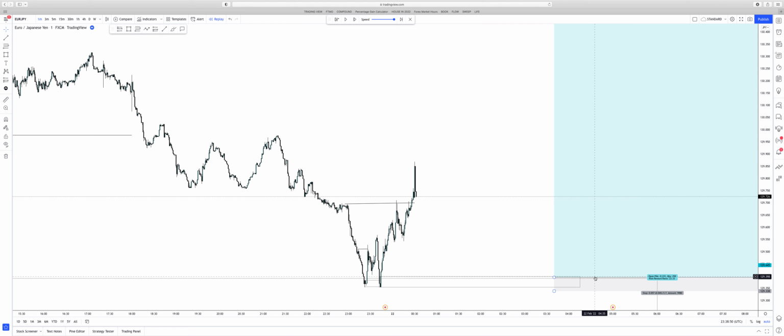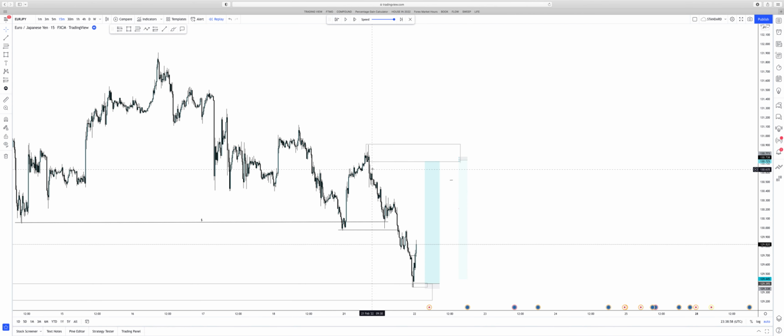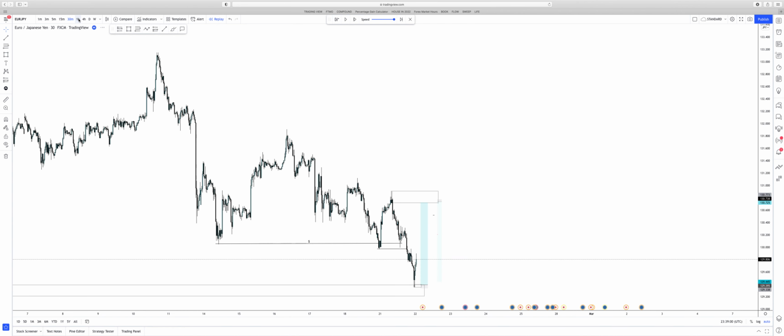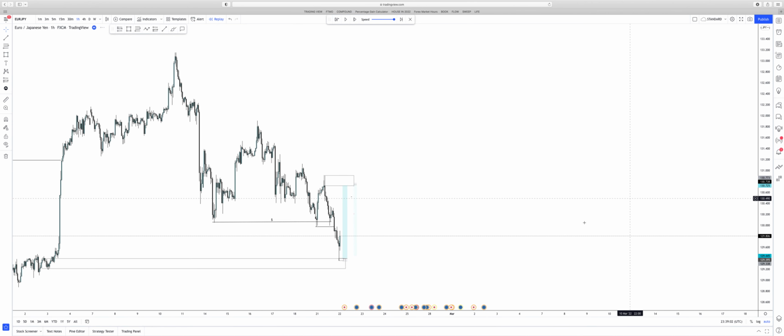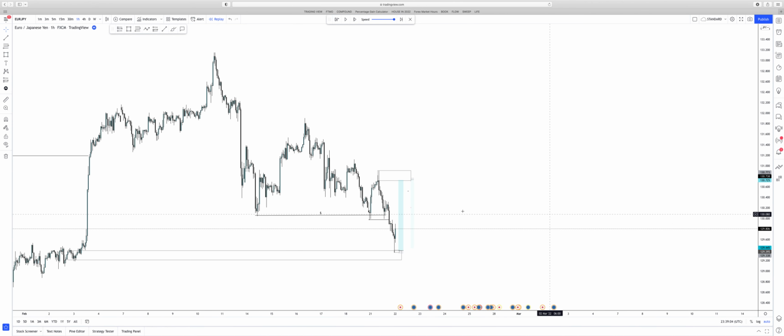I set a limit order here, stop loss below, and then where can you put your target? This is the target here. This is the 15 minute, sorry, the 1 hour high. So another thing is, now this is a valid target here as well. If you're trading on the 1 hour, use your 1 hour targets. Okay.